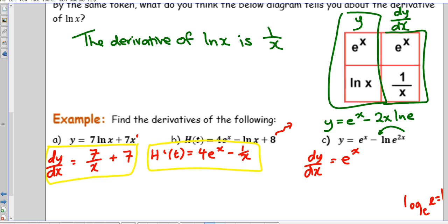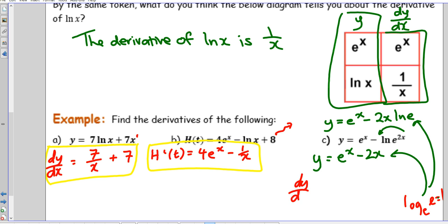So if you want, you can rewrite the original function again. Negative 2x. Log e of e is just 1, so ln e is just 1. And then, like you said, with the dy/dx, it's e to the x.